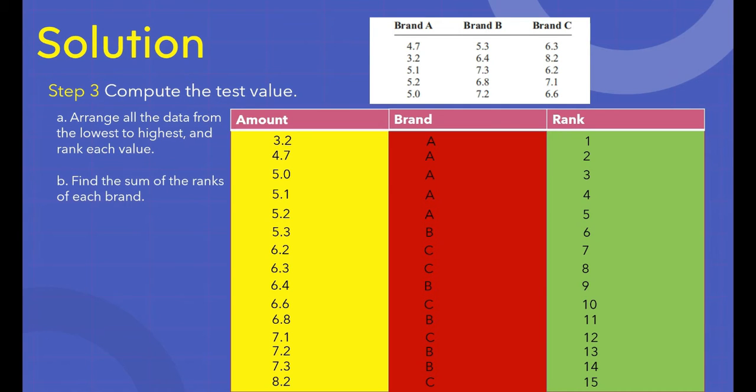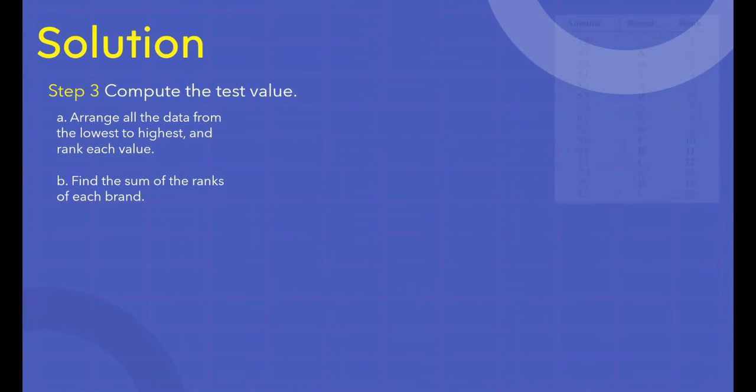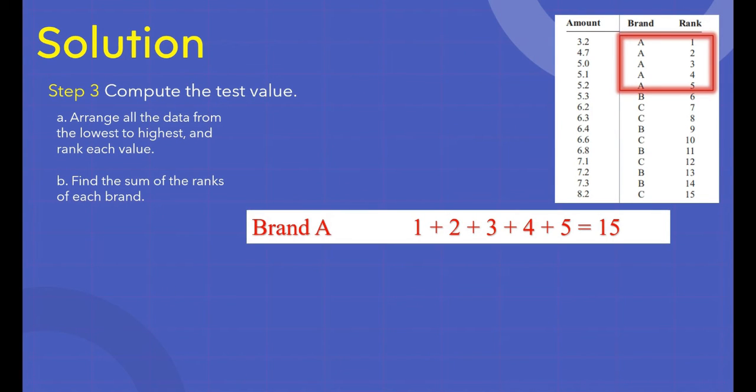Then, next, find the sum of the ranks of each brand. So, for each brand, we just add the ranks. In brand A, we have 1 plus 2 plus 3 plus 4 plus 5 is equal to 15.